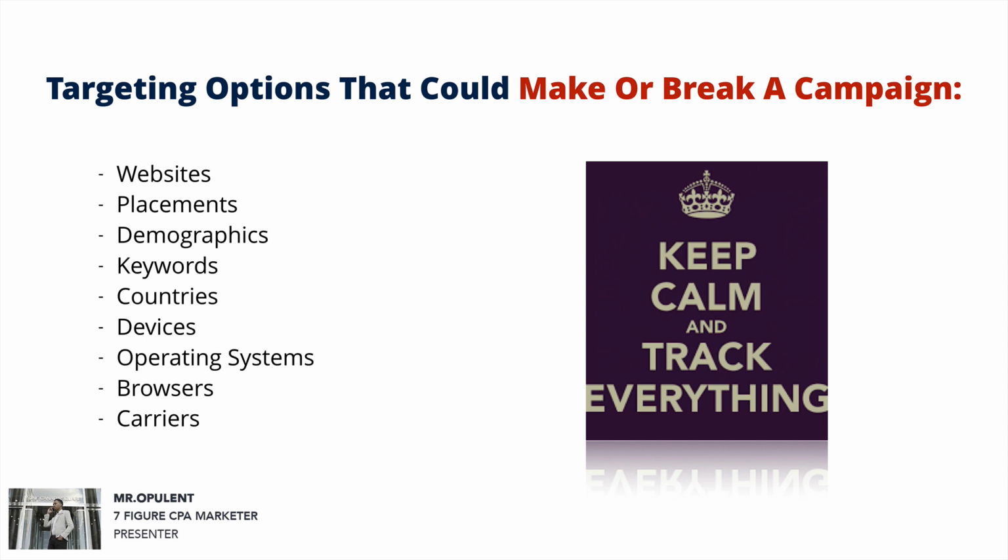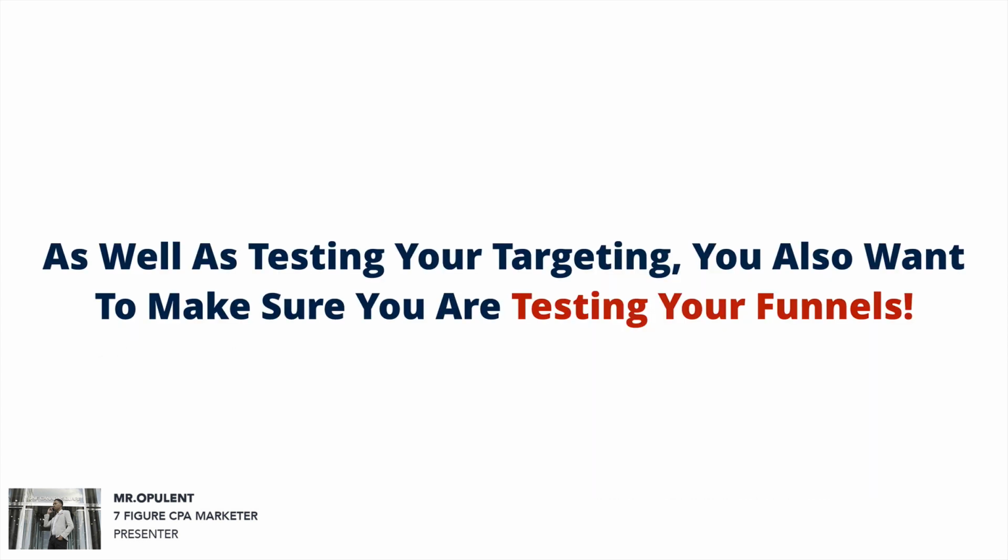So for example, some carriers, they provide you with mobile phone contracts if you have bad credit, whereas other carriers are a bit more strict and require to have very, very good credit for you to be able to get that carrier. So carriers, right, can be a differentiating factor between somebody's actual financial background as well. Okay, so again, carriers is a very, very big thing. Websites, placements, demographics, keywords, countries, these are all big things, okay? But one of them can be the difference in between you having a very successful campaign versus you having a very, very unsuccessful campaign.